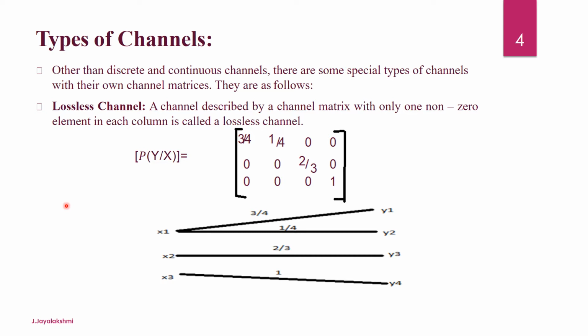A channel described by a channel matrix with only one non-zero element in each column is called a lossless channel. Before seeing how the channel matrix is constructed, we'll see how these channels are formed.